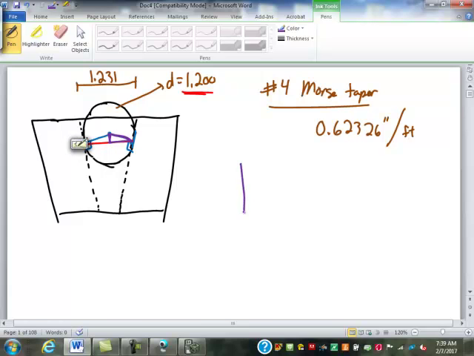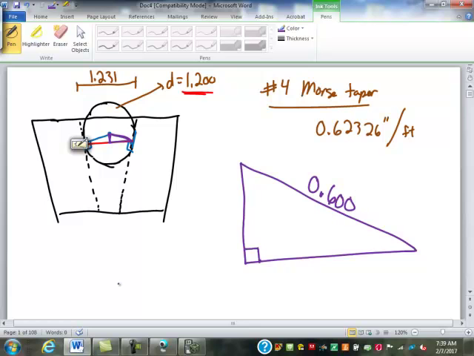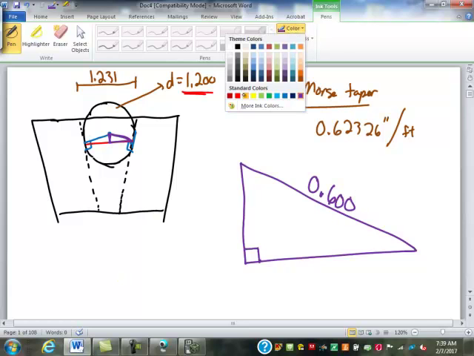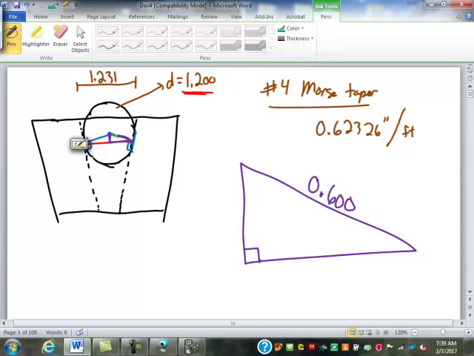okay, what we know about this triangle is that this distance here is 0.6 inches. How do we know that? This is a radius of that ball, so half of 1.2 is 0.6.